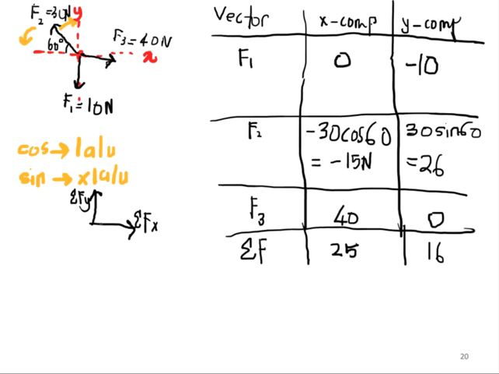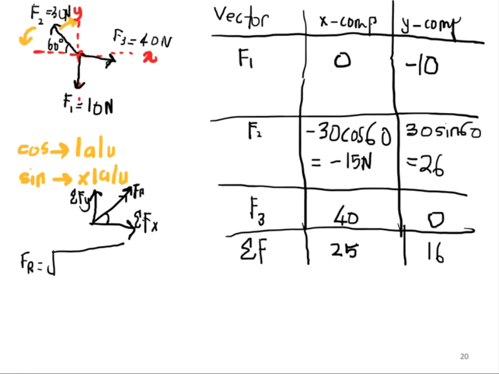Thus, the resultant force must be in between them. F resultant is here. To get the value of F resultant, we use the Pythagoras theorem, because this one is the hypotenuse of a right angle triangle. So F resultant equals the square root of total Fx squared plus total Fy squared.